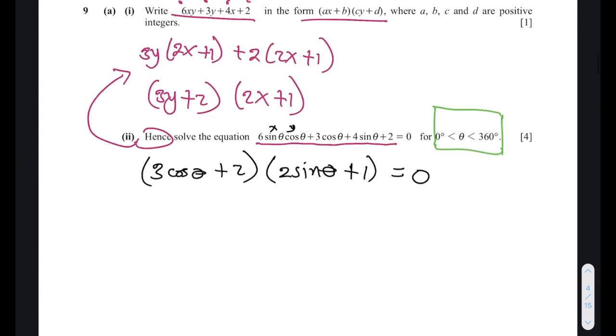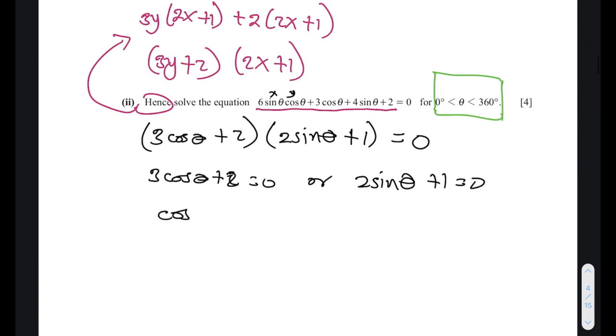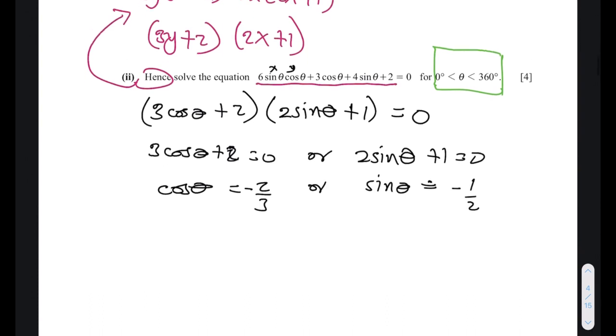Okay, so what we now do is that we have 3 cos theta plus 2 is equal to 0, or 2 sine theta plus 1 is equal to 0, giving us cos theta is equal to negative 2 over 3, or sine theta is equal to negative half.